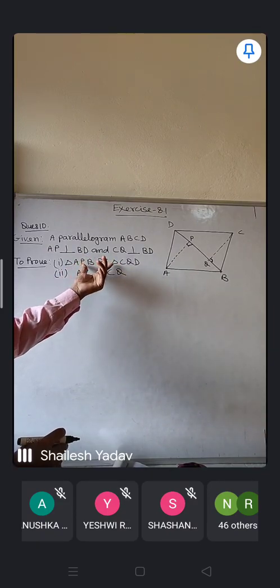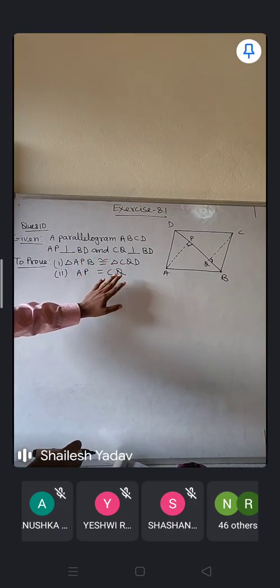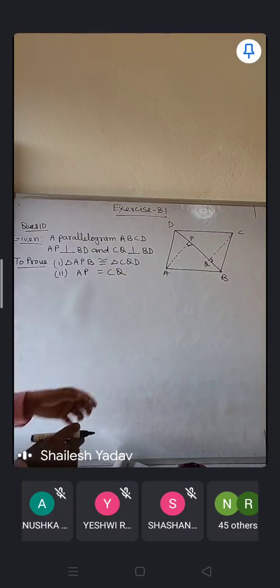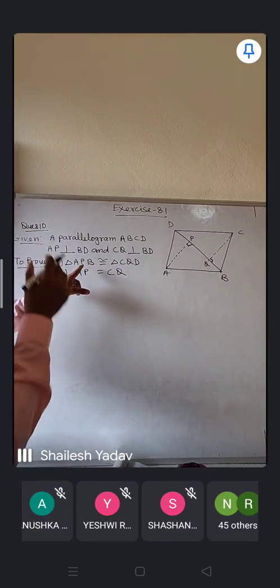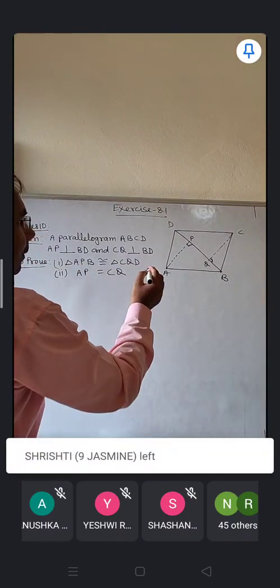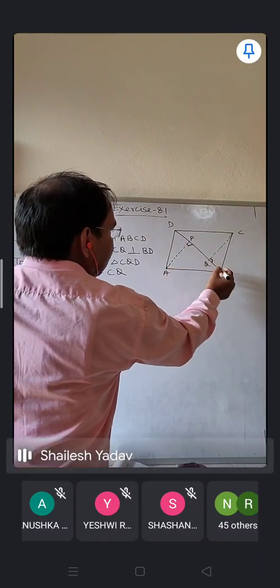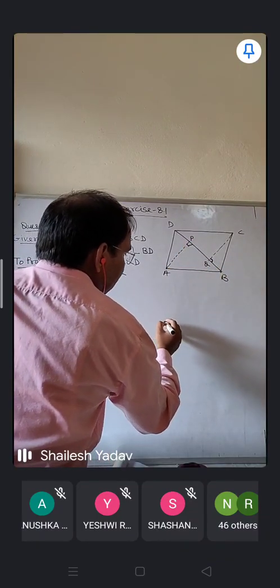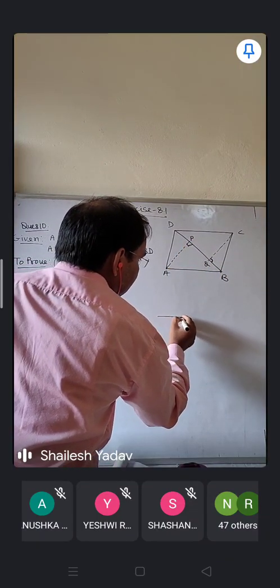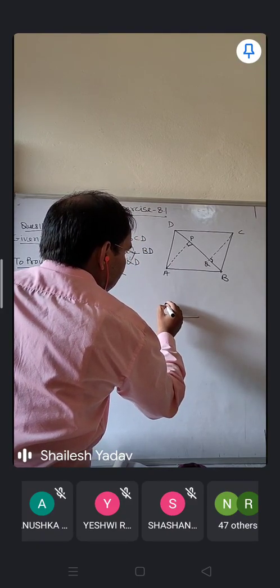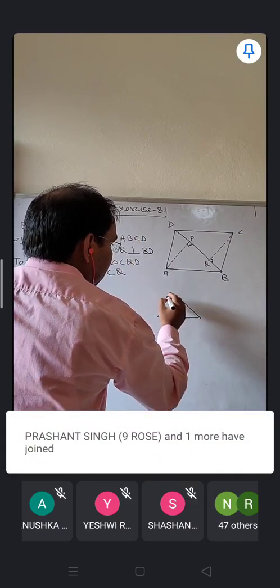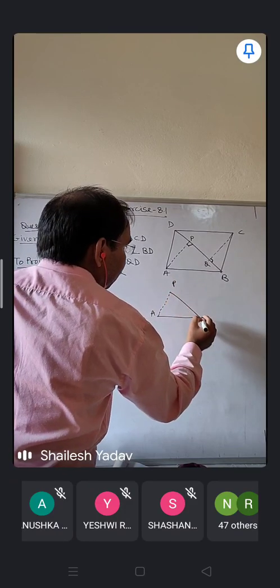If the first part is proved, then for the second part you only need to write one line: AP equal to CQ by CPCT. Here you can get AP and CQ are the corresponding parts. So first I am going to search the triangles. Triangle APB. So triangle APB is here in the diagram. If I am going to draw that diagram separately, it will be like this. Okay, it is APB.